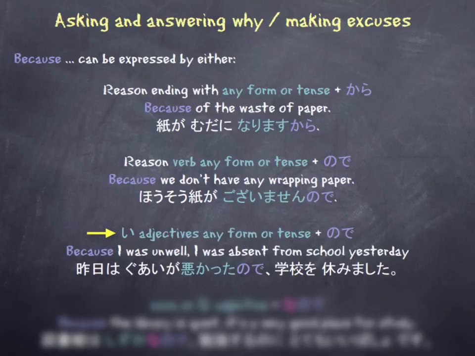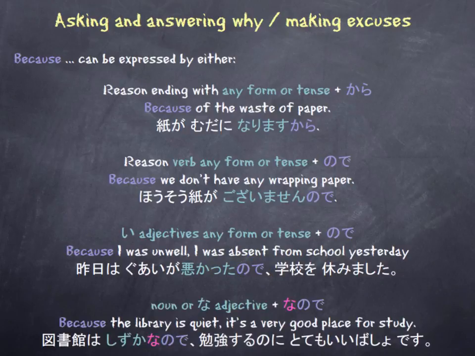For example, because I was unwell, I was absent from school yesterday. 昨日は具合が悪かったので学校を休みました. In this case, the word no de is similar to the word so in English. I was unwell yesterday, so I was absent from school.